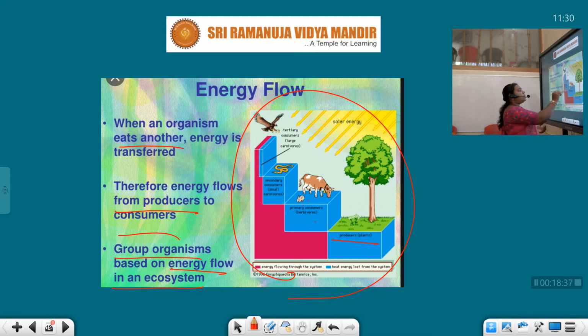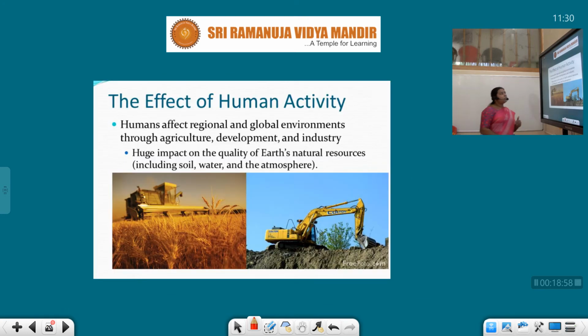Again this will be eaten by the secondary carnivores, and again by the tertiary carnivores. So this is an ecosystem. Solar energy is also there in the ecosystem. The energy flows through the system and heat energy is lost from the ecosystem. See students, this is about the energy flow in the ecosystem.